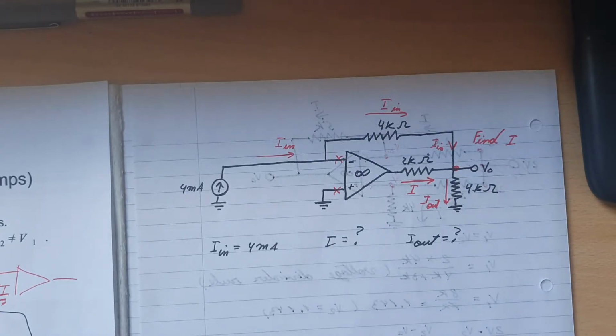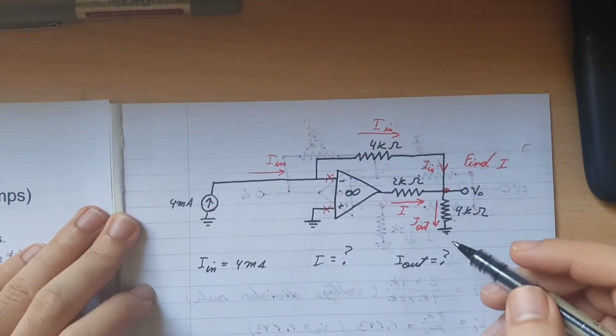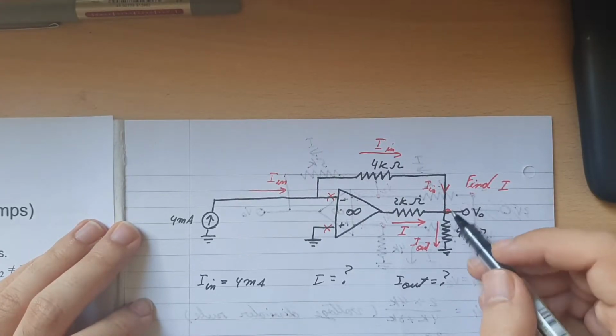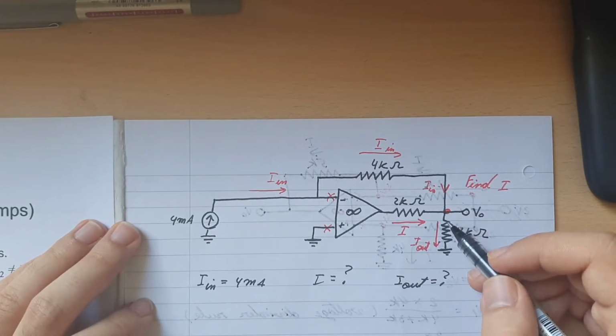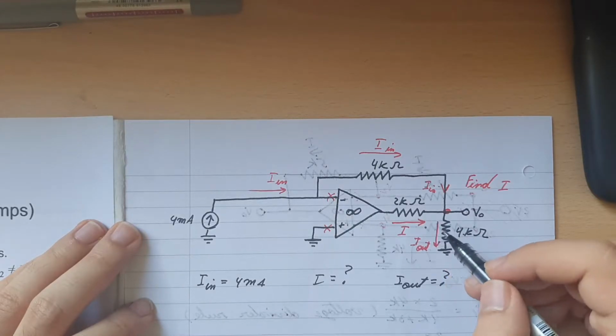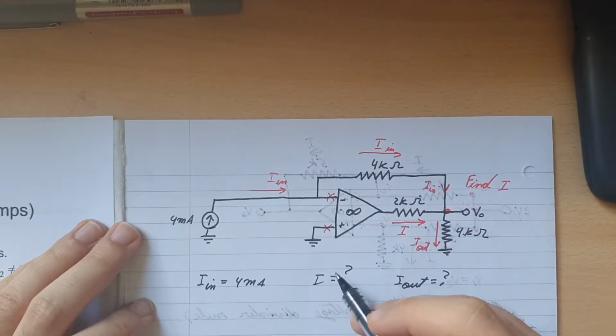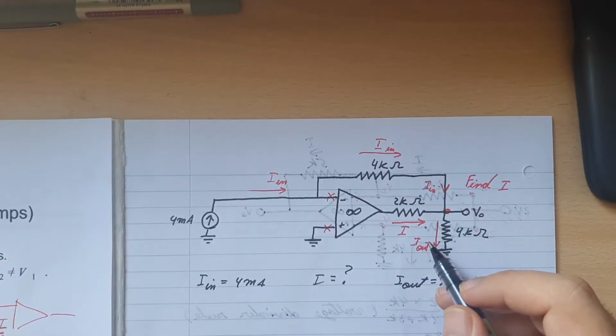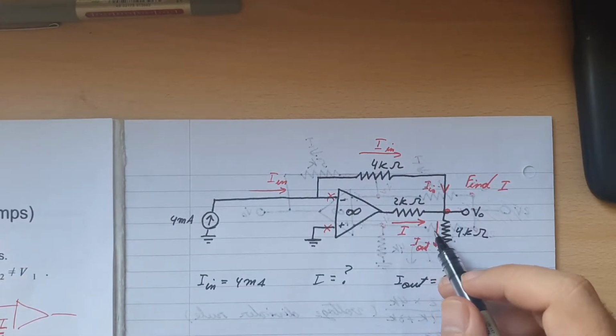Alright, so what do I mean by that? Well, we know that this current here, I in, is coming in this direction, and we also know there are two different currents in here. Alright, now wait a second. Oh no, we can't apply current divider, can we?